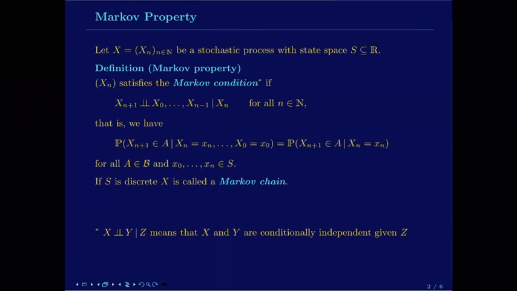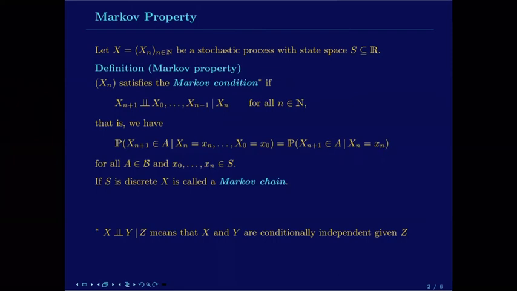Xn+1, so the Markov process at time n+1, is independent of the past of the process up to time n-1, given that we know the state of the process at time n. Or expressed in terms of probability, and that is where we have a slight difference to the Markov property before, we say that the probability of the Markov process at time n+1 falling into a set A, given the full past of the process up to time n, equals the probability of the same event, Xn+1 falling into the set A, given only the information about the Markov process at time n.